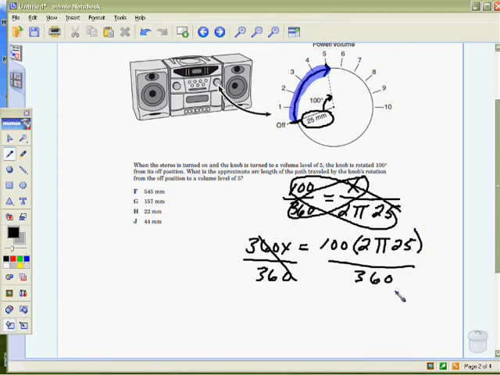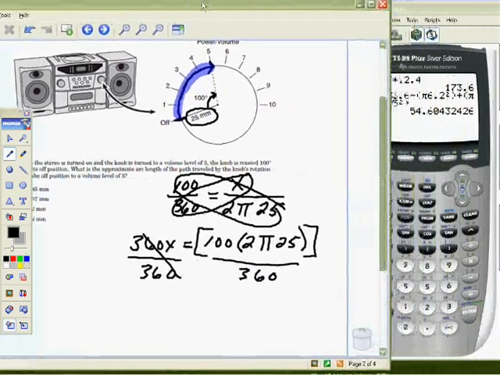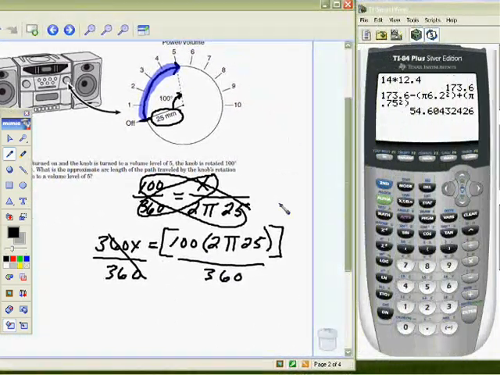Now if I put all this in my calculator, it's going to give me the answer. Remember, when you put something in the calculator, always use parentheses. Now instead of brackets here, I'm just going to use another set of parentheses. That's fine. So open parenthesis.